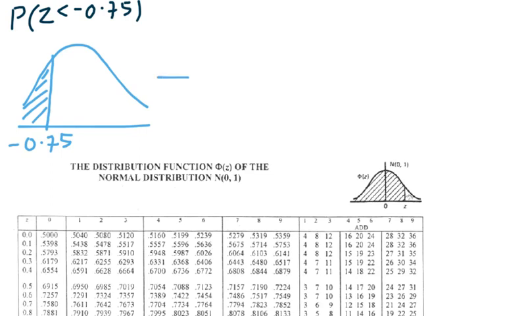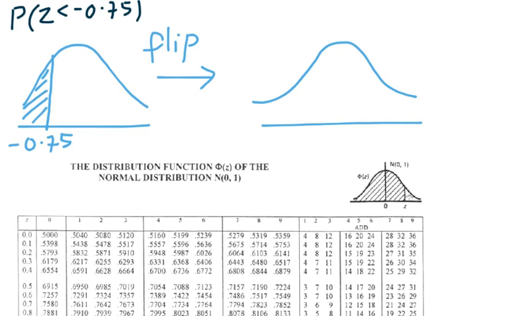So we flip our distribution from the negative to the positive side, and we will have a positive 0.75 z score.